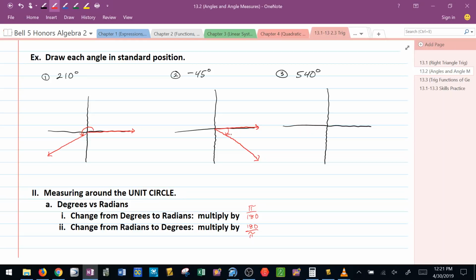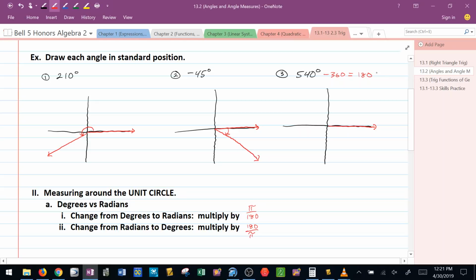Okay? What about one that's like 540 degrees? Well, for 540 degrees, we're going to start with an initial side right here. If I were to go all the way around back to the initial side, that's 360 degrees. So I know one turn would take off 360 degrees, leaving me with how many degrees? That would be 180 degrees left.